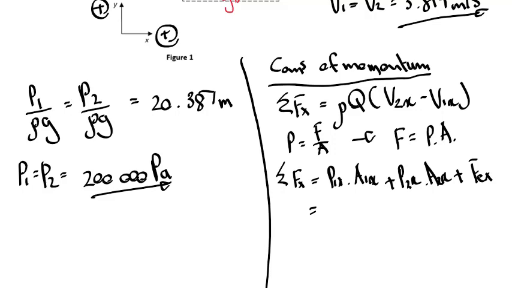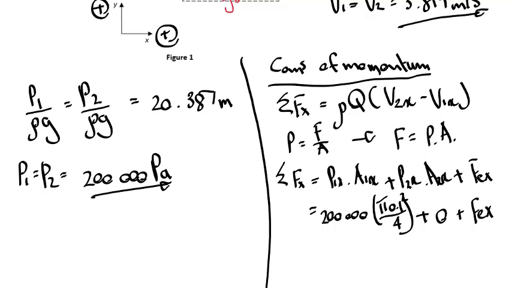The pressure at 1 will be the 200,000 Pascal times the area. You could have used pi r squared, but in this case let's use the diameter, 0.1 squared divided by 4. Then we have our first force plus 0, because we don't have any pressure force in the x direction at point 2, and plus FEX.